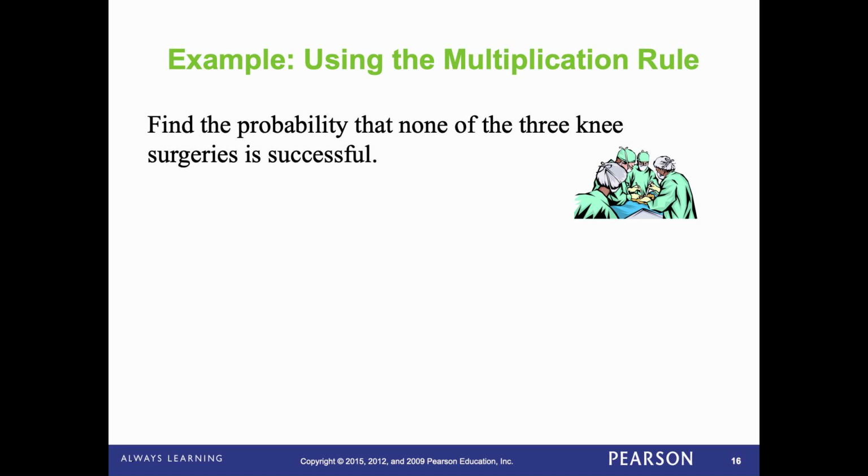Let's find the probability of none of the 3 knee surgeries being successful. All right, so what's the probability of 1 knee surgery being unsuccessful? Well, it would be 1 minus 0.85, which would be 0.15. So all 3 of them sequentially being unsuccessful would be 0.15 times 0.15 times 0.15.